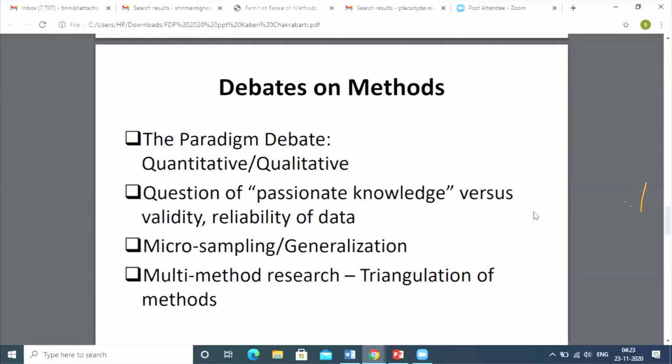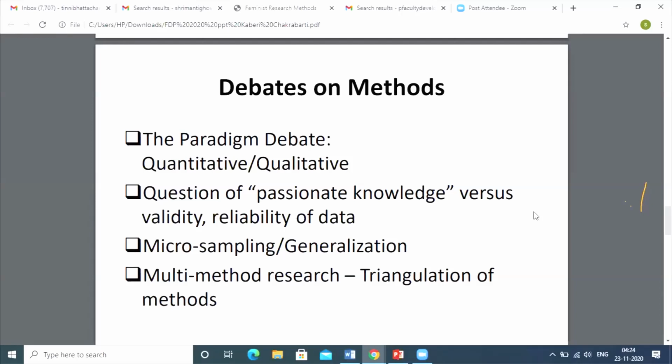Like Sandra Harding argued that women's personal experience is a more complete and less distorting kind of social experience, and thus it is a significant indicator of reality. So one challenge is to understand this passionate knowledge vis-a-vis objective empiricist knowledge.